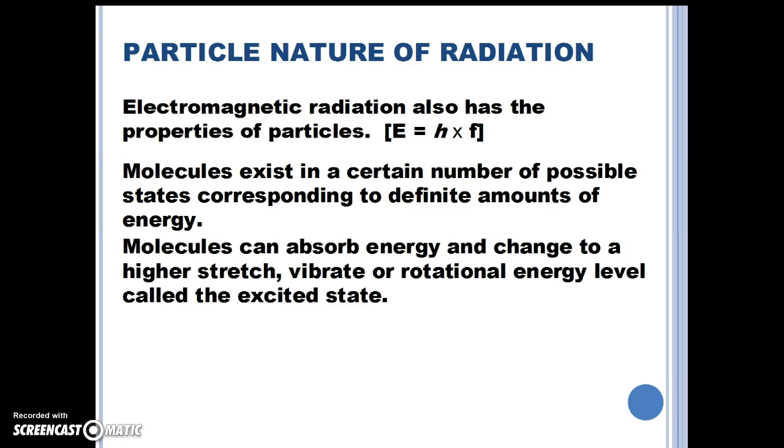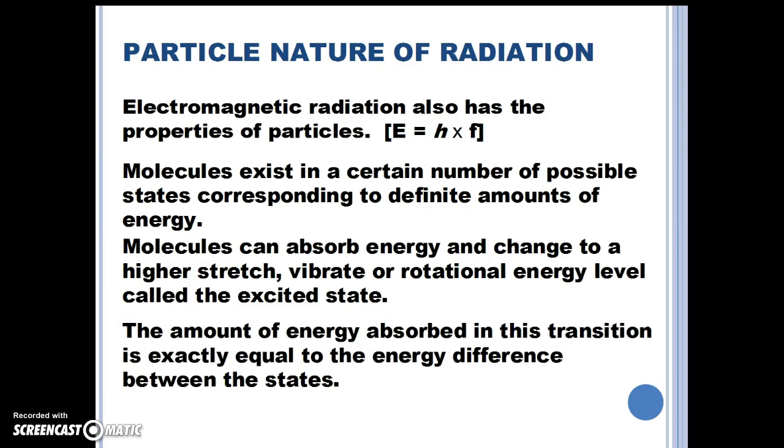The molecules can absorb energy, and if it's the right amount of energy, they can change to a higher stretch state, vibrational state, or rotational energy level, and we would call that the excited state, just as we do when we're studying changes in the atom and the electrons around the atom.